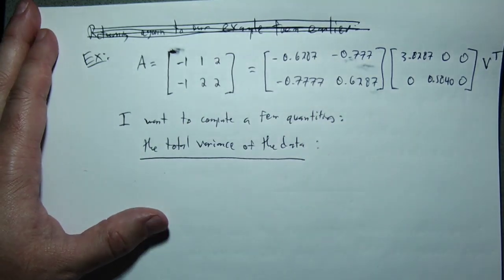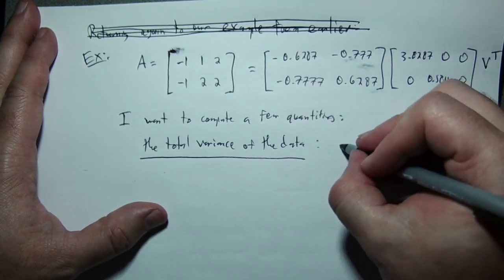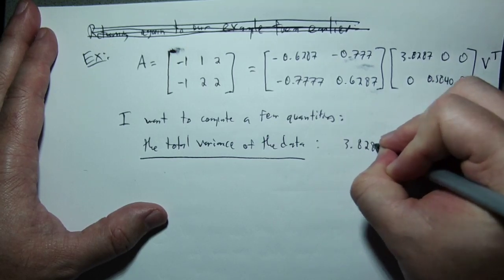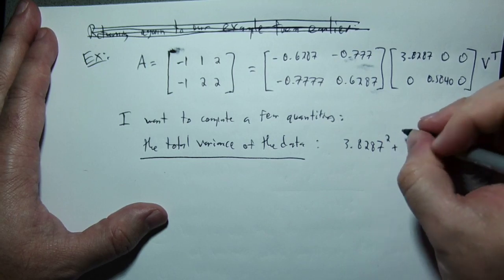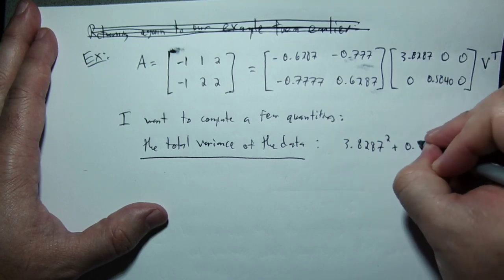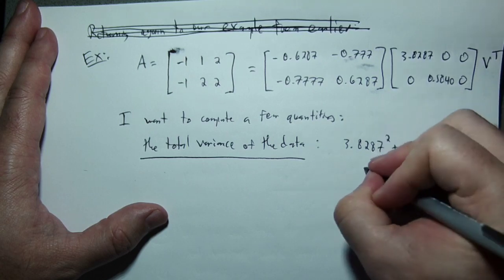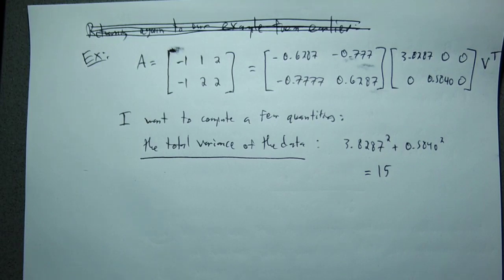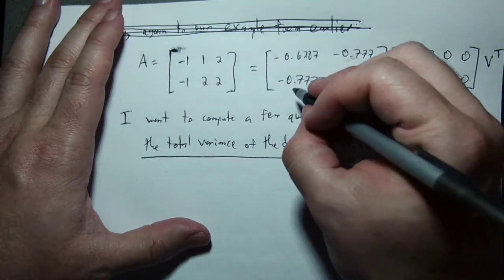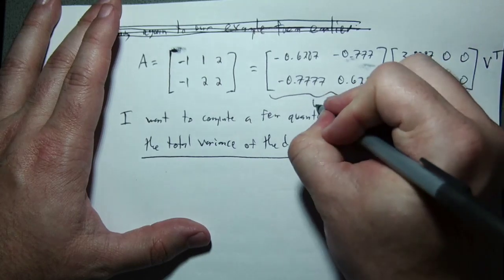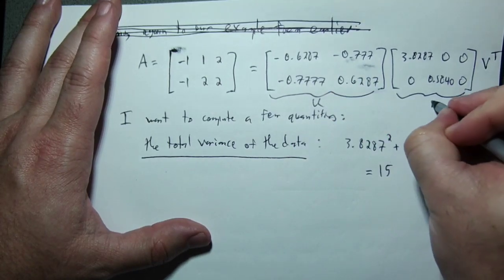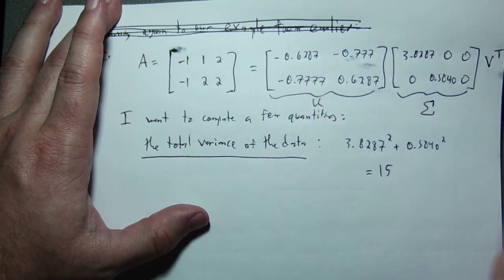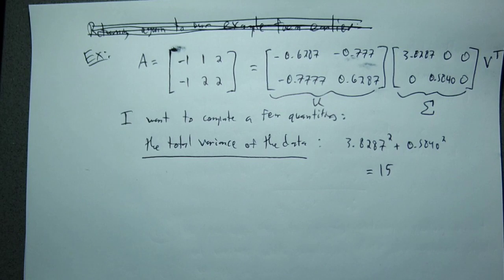This is the sum of the squares of the singular values, so 3.8287 squared plus 0.5840 squared, which turns out to be 15. Remember, this is my U, this is my sigma, which means this is my U sub 1, this is my U sub 2, this is S sub 1, this is S sub 2.